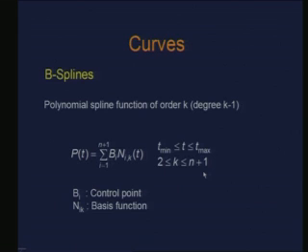So the maximum order of the curve which you can obtain is n plus 1, and the parameter t ranges from some t minimum to t maximum, right, and these B_i's are nothing but the control points. So this is a very standard way of defining parametric curves as a blending of the geometric information specified through the control points, right.